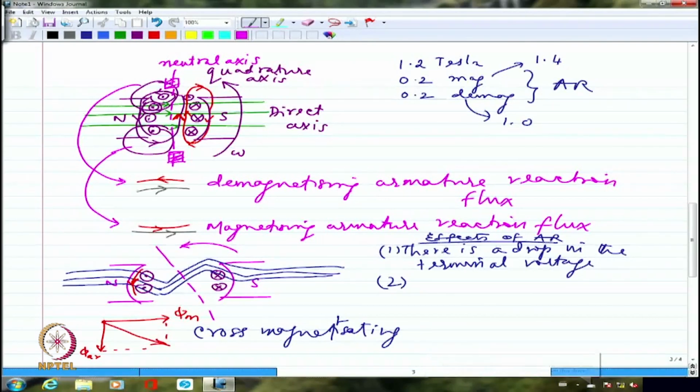If the conductors carried no current at all when they are transported from the south pole side to the north pole side and vice versa, I would not have had any L dI by dt. But if I am transporting the conductors when they are already carrying some current and pushing them from the south pole side to the north pole side, then L dI by dt is not going to keep quiet.